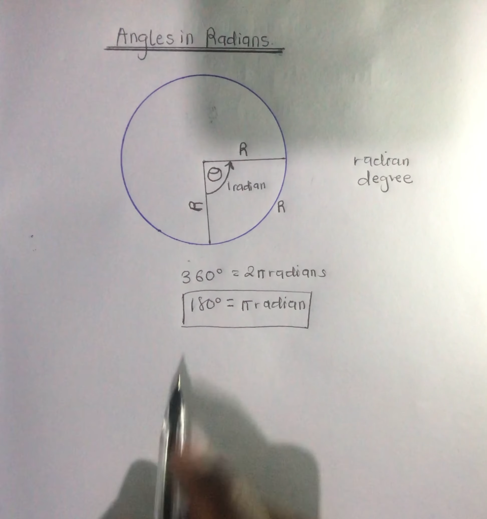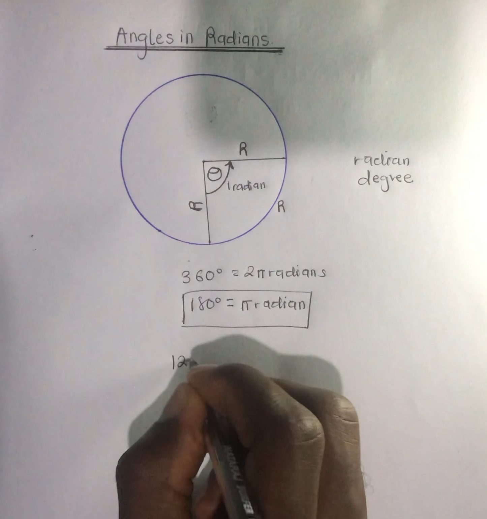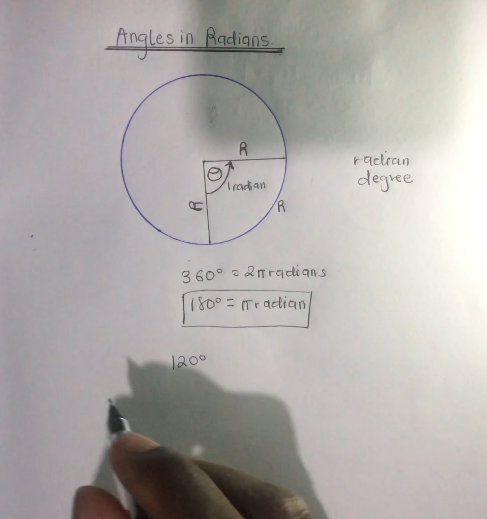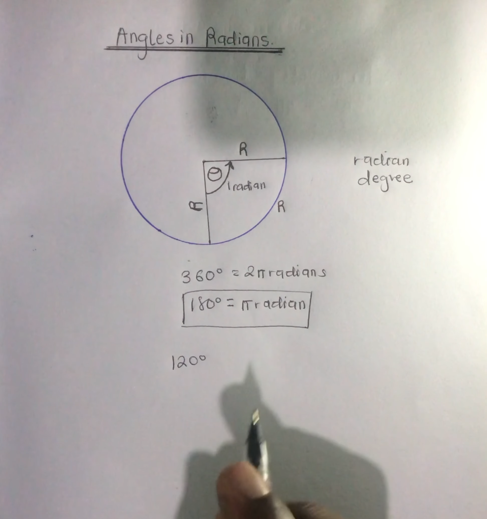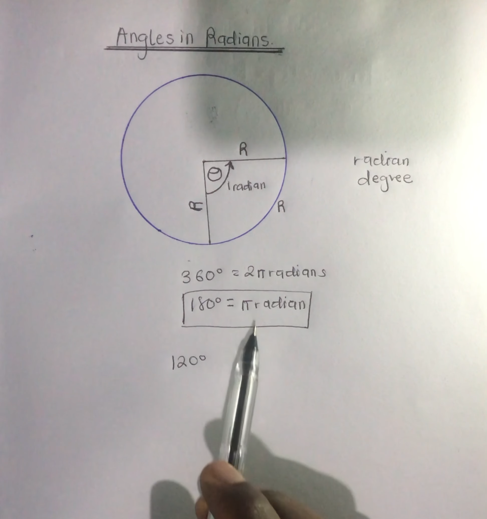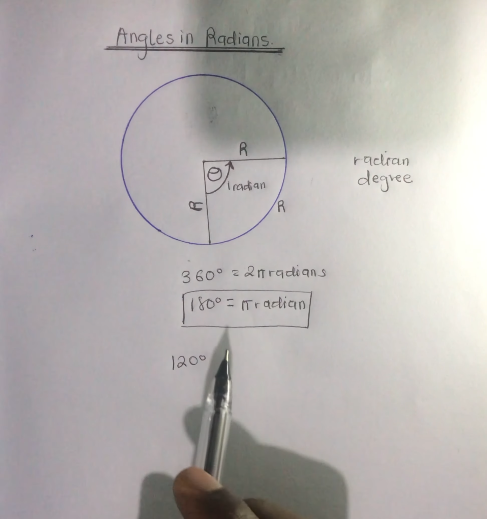So let's pick one example. Having the angle 120 degrees, how can we convert this degree to radian? Now, 180 degrees is equal to pi radian.